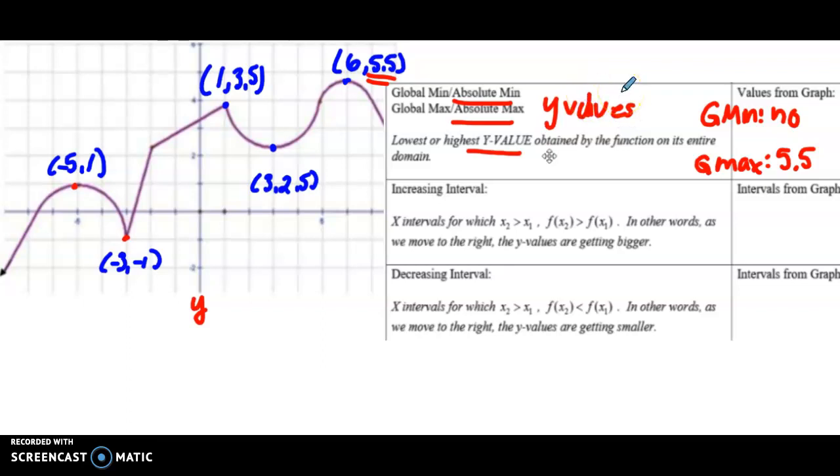All right, now increasing intervals. Once again, you can think of increasing intervals as where you're climbing uphill. Decreasing intervals are where you're walking downhill. For increasing and decreasing intervals, these are your x values only.